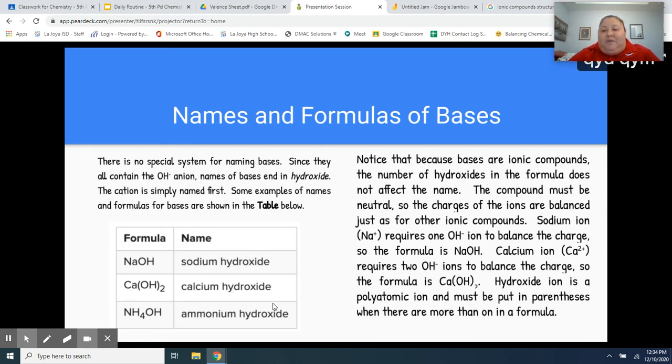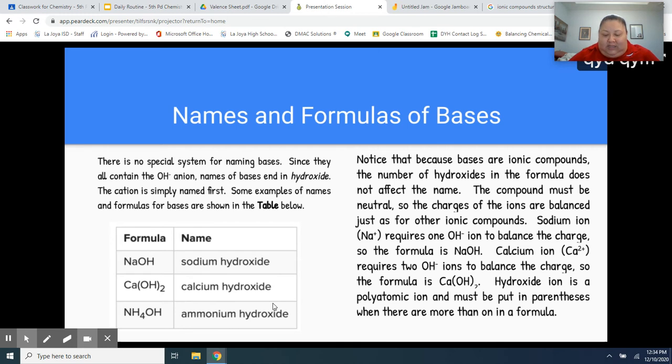Notice that because bases are ionic compounds, the number of hydroxide in the formula does not affect the name. The compound must be neutral, so the charges of the ions must be balanced as for other ionic compounds. And then they go back into the first example for sodium hydroxide.